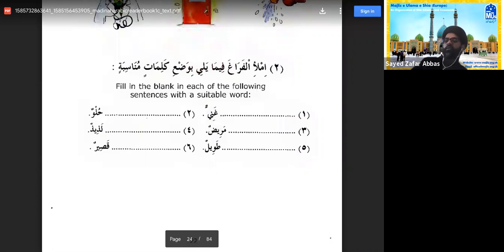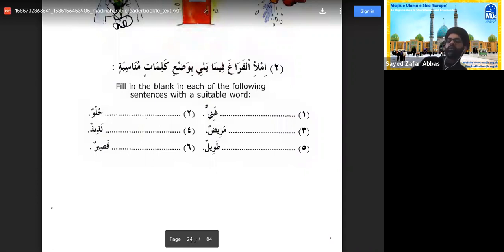We've been given the descriptive words, the adjectives, and we need to put a noun into each of these sentences. So we have ghani, rich, marid, sick, hulu, sweet, ladid, tasty, tawil, tall, qasir, short. Right? So in these blanks, we've got to put in some words.